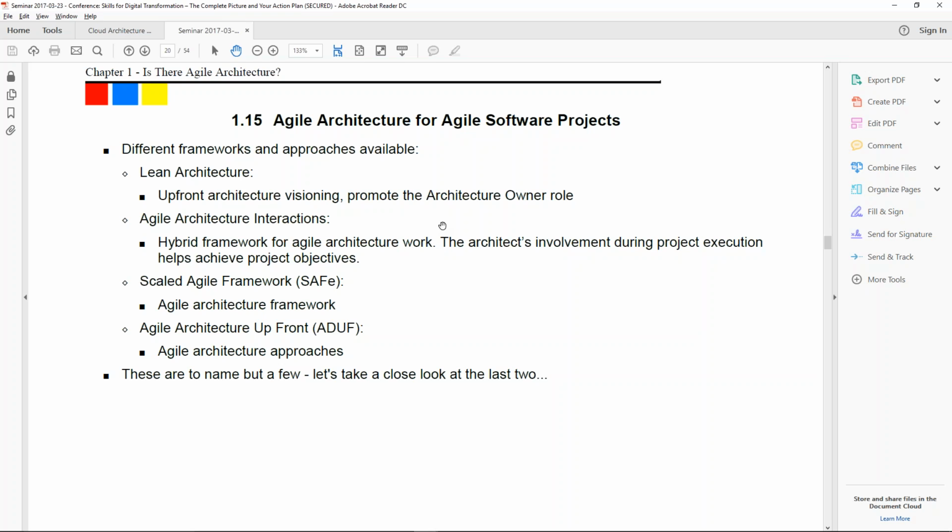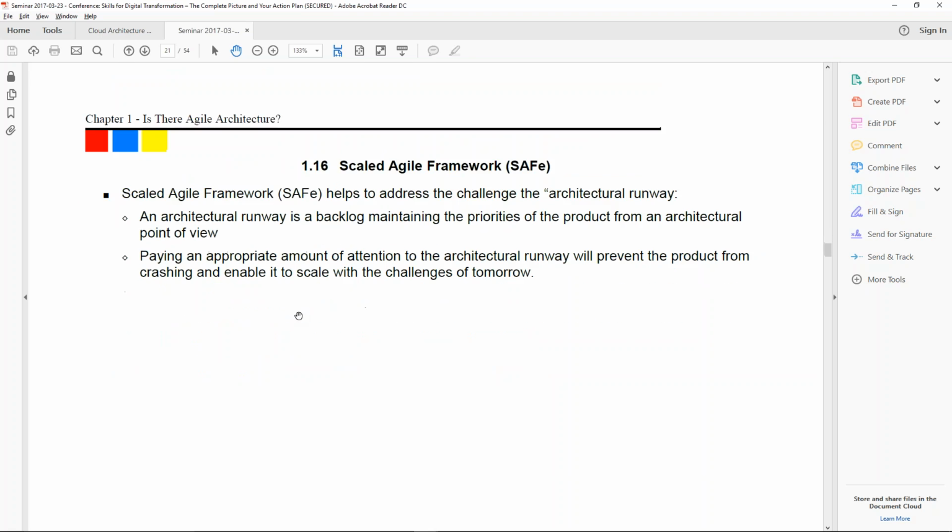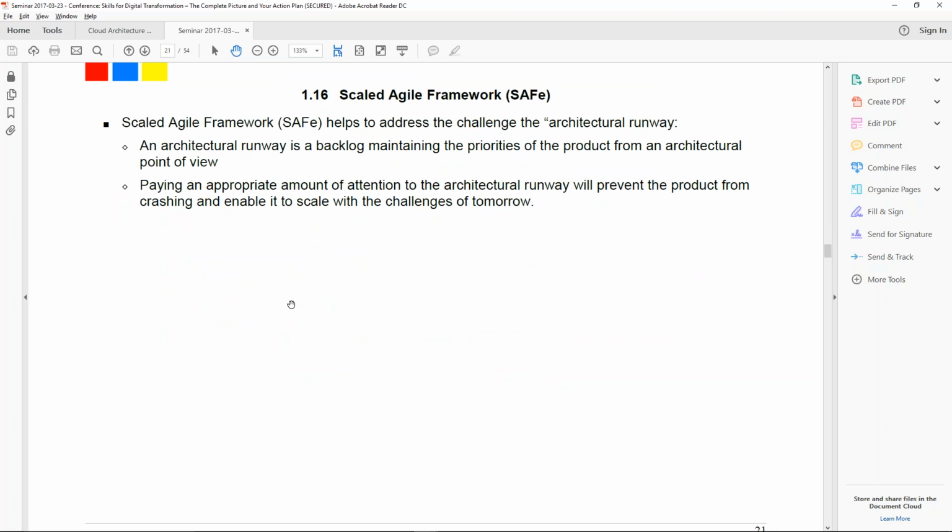Agile architecture up front, scaled Agile framework. Scaled Agile framework is probably the single biggest point of controversy in all of Agile as of today. Fundamentally, the question that comes up in scaled Agile framework is, Agile is primarily a method for delivering software with teams.